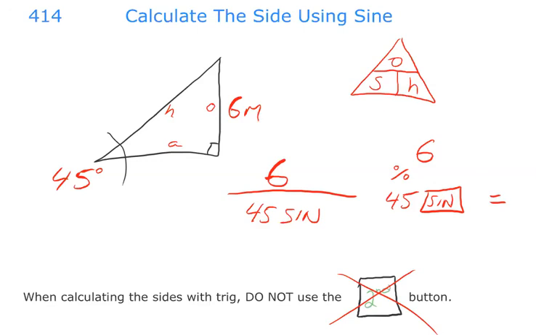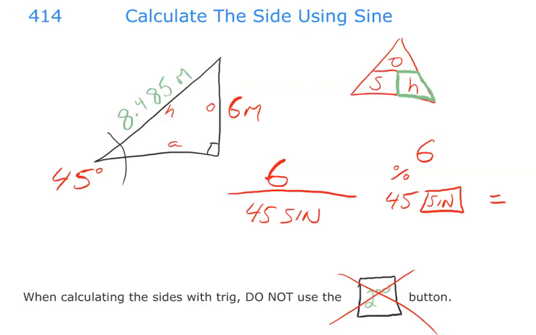The missing part of the equation is the hypotenuse. That means by using sine and the opposite, you're going to find the hypotenuse. In this case, rounded to the nearest millimeter, it's 8.485 meters.